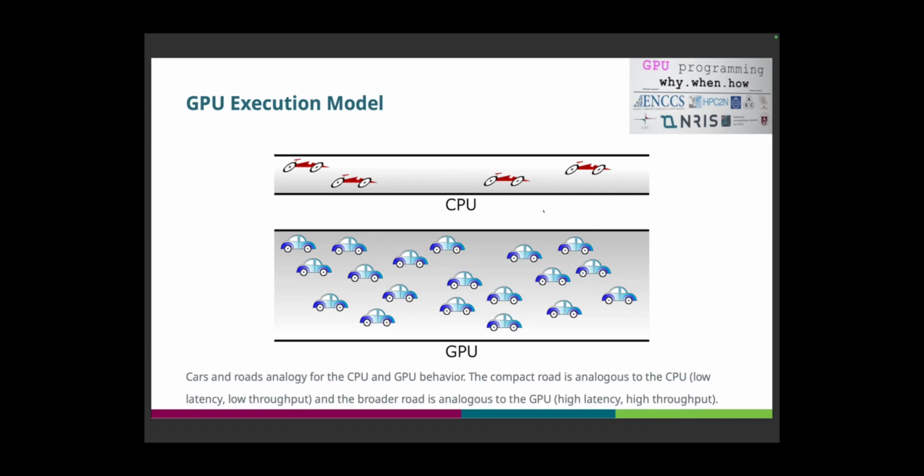This is in a way similar to a multi-lane, very broad highway, where we have lots of small machines which all go in the same direction. There's not much flexibility, they go slow, but the rate of how many machines pass is very high. While the CPU is a very narrow road, but we can go very fast, with much fewer machines going by, like threads, but they are more flexible and can go very fast.